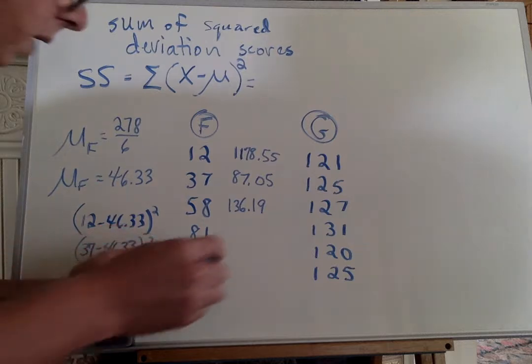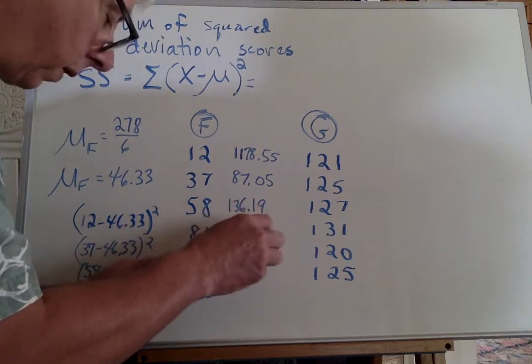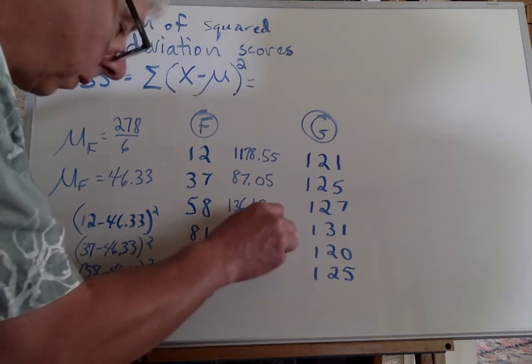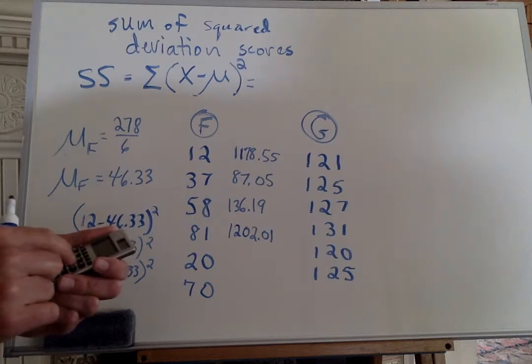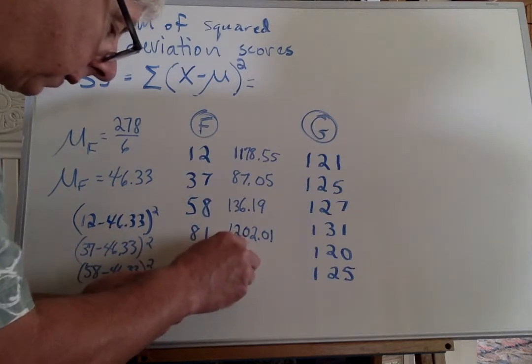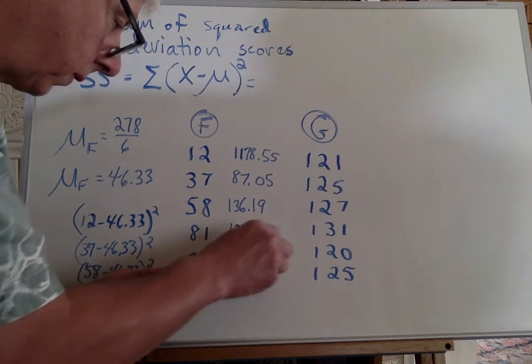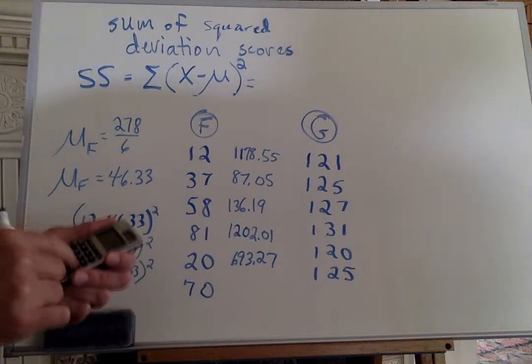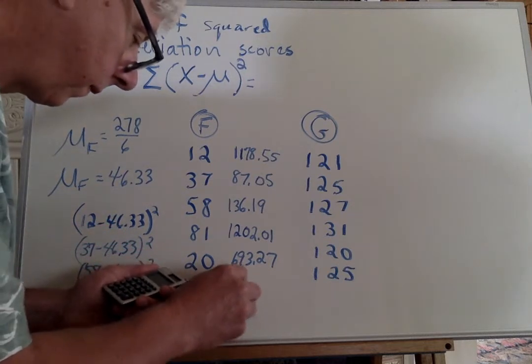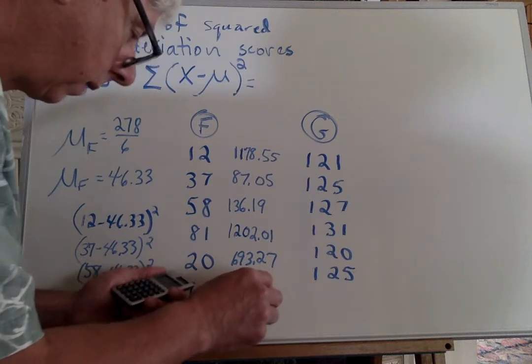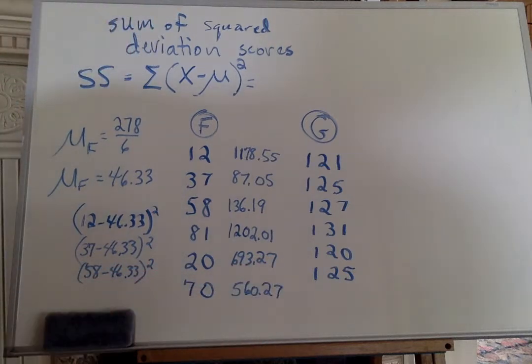We'll square that. 1202.01. 20 minus 46.33 equals. We'll square that. 693.27. And then finally, 70 minus 46.33 equals. We'll square that. 560.27. Okay? I think that is correct. I'll rely on you to check me on that and let me know if I'm incorrect. Okay?